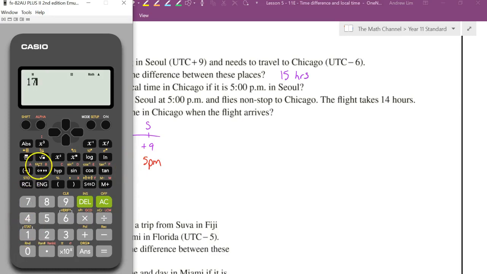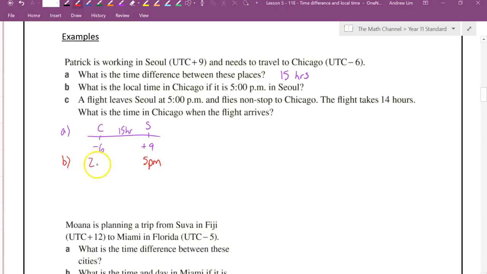So that's 17 hours, 1700 hours. And we're going to minus the 15-hour difference to give us 2 o'clock. And that's a.m. because this is 24-hour time. So that will be 2 a.m. the same day.